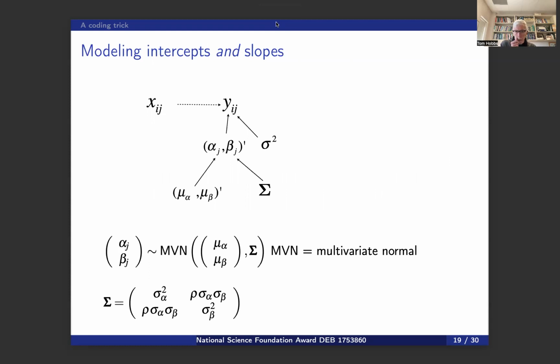So to model the intercepts and slopes, the directed acyclic graph is shown in the upper part of the slide. We have a vector of alpha j, beta j. So the intercept and the slope for study j is going to be distributed multivariate normal with the first parameter a vector of mu, the vector of means of the intercepts and slopes, and the covariance matrix.